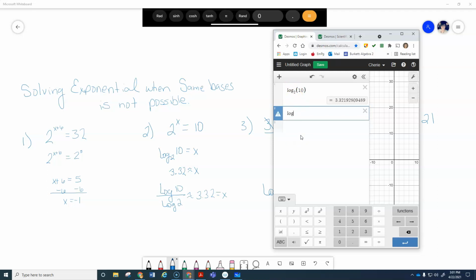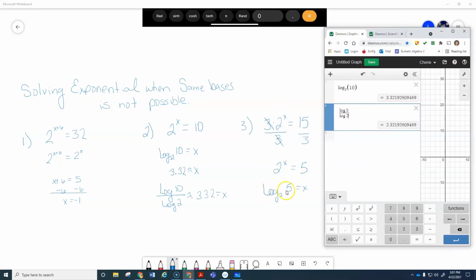If I do log base 10 of 5 divided by log base 10 of 2, that's how you can enter log base 2 of 5 by using the change of base formula, and that comes out to be 2.32.